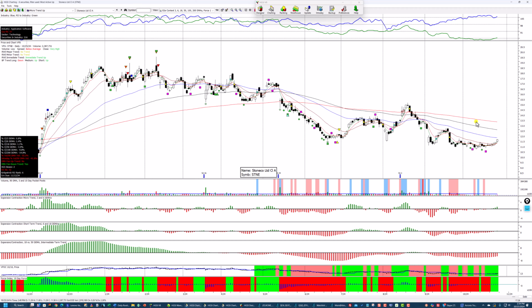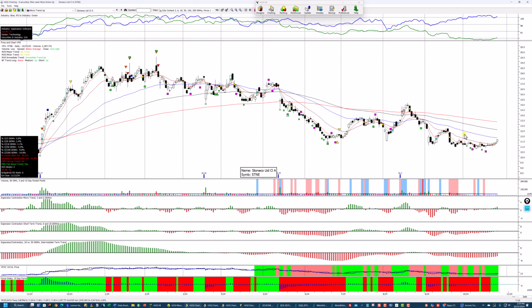Obviously, the trend is down on this. This is the 200, 100, 50, 18, but the 3 had crossed the 6. So this is a stock that potentially is going higher.